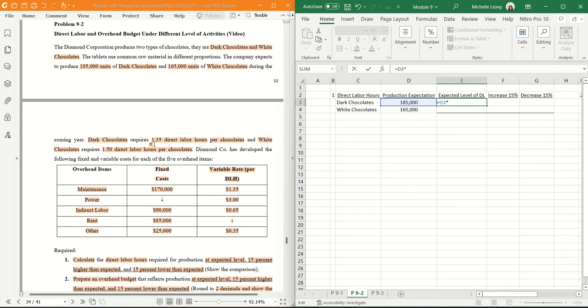The rate is 1.35, so 1.35. Okay, the same as white chocolate times 1.5. As stated here, white chocolate requires 1.5. Okay, and we got it, and we just add it, and we get our total of DL.